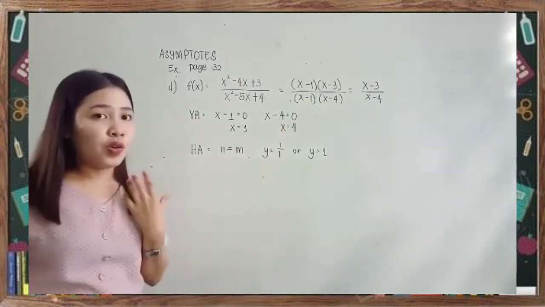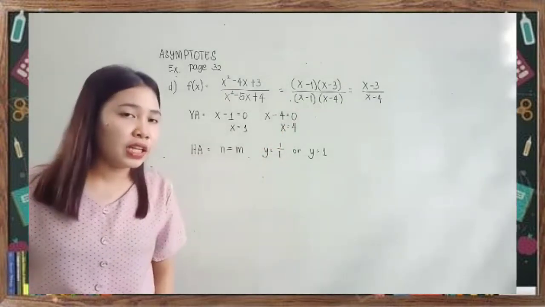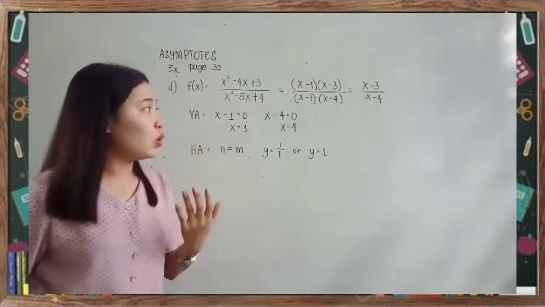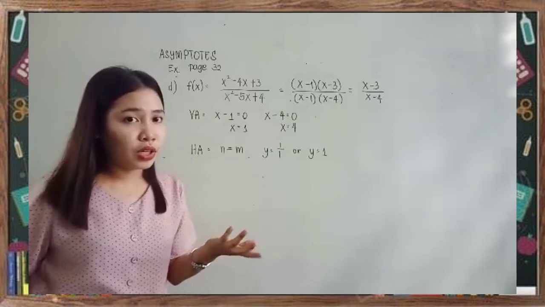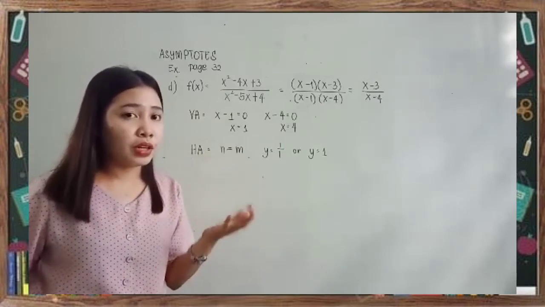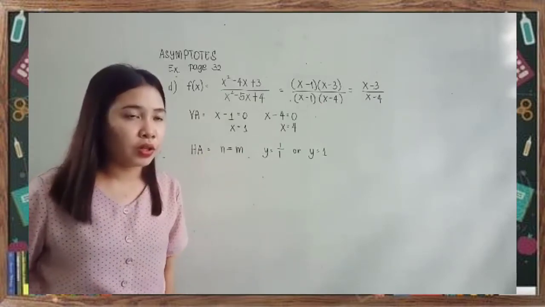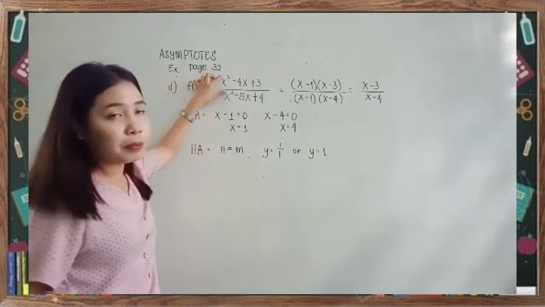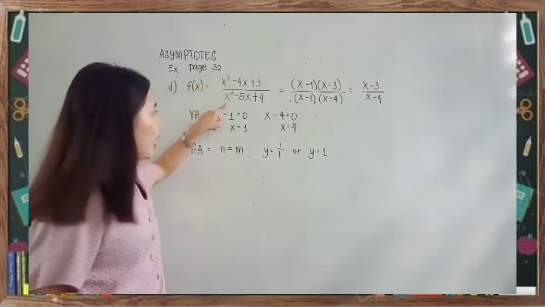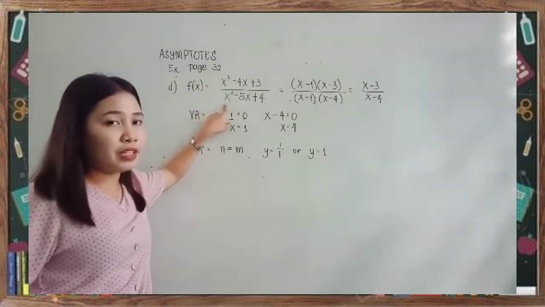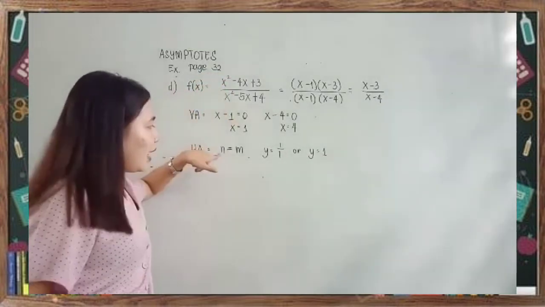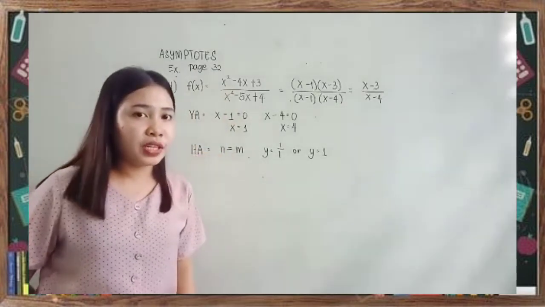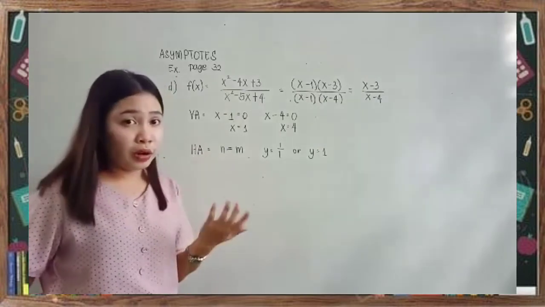Okay. So, by getting the horizontal asymptote naman, titingnan natin yung highest exponent ng numerator and the highest exponent of the denominator. Then, since ang highest exponent ng numerator ay 2 at ang highest exponent ng denominator ay 2, so ang n ay equal to m. Therefore, kukuhanin natin yung leading coefficient na, yung unang coefficient.